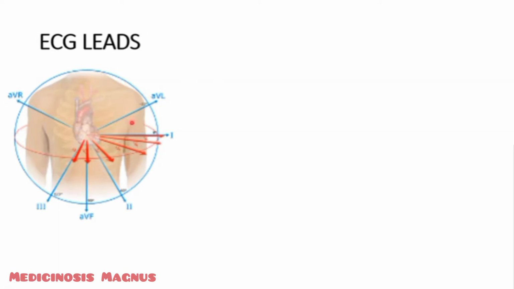Six leads are placed from top to bottom, and the other 6 leads are placed at the cross section of the heart. Since the heart is a 3D structure, we have 12 leads placed from every direction to note the activity of the heart.